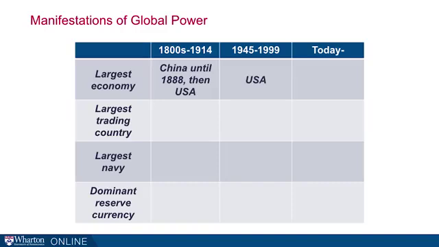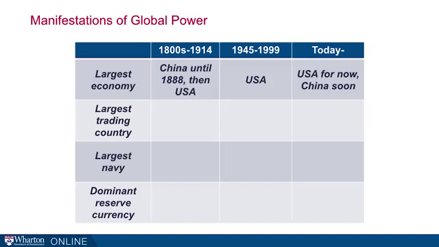But by the end of World War II, the US had a big advantage in terms of size relative to all other countries in the world. And as of the present time, the US continues to be the largest economy in the world, according to some statistics. But China, according to others, already is the largest.